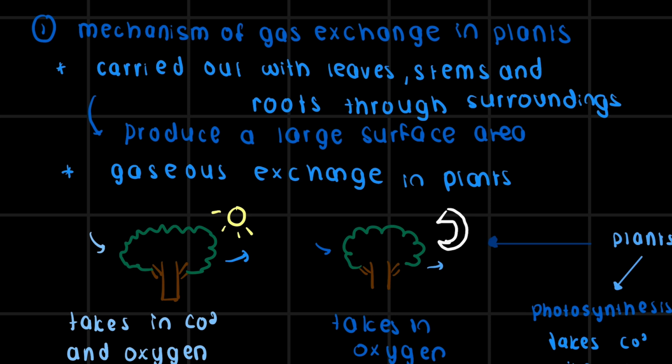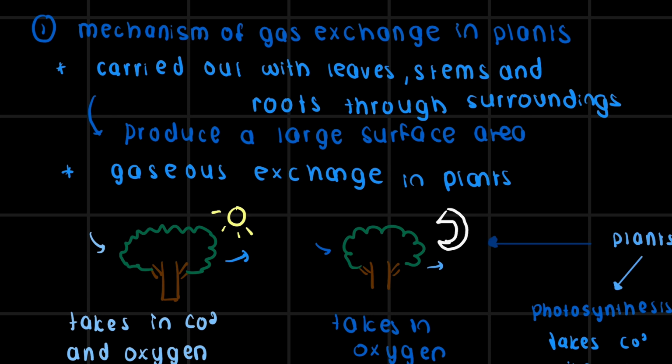Okay, so gaseous exchange in plants is carried out with leaves, stems, and roots through the surroundings. So why is it carried out with these 3 things? So that it can produce a large surface area.